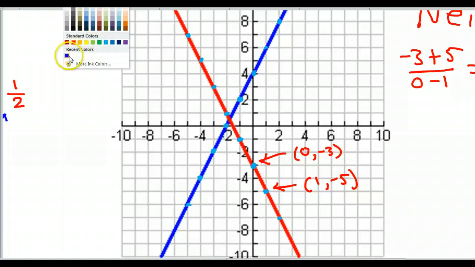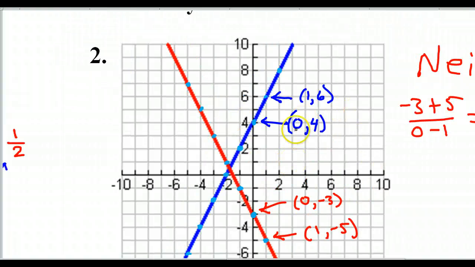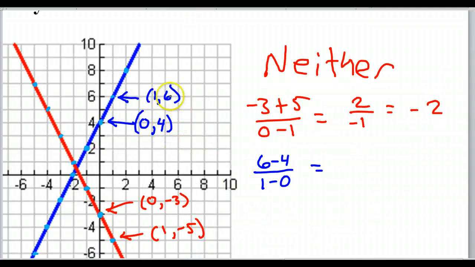Alright, let's say I pick the points (0, 4) and (1, 6), these 2 points right here. If I do top minus bottom, that gives me 6 minus 4 and 1 minus 0, like this.